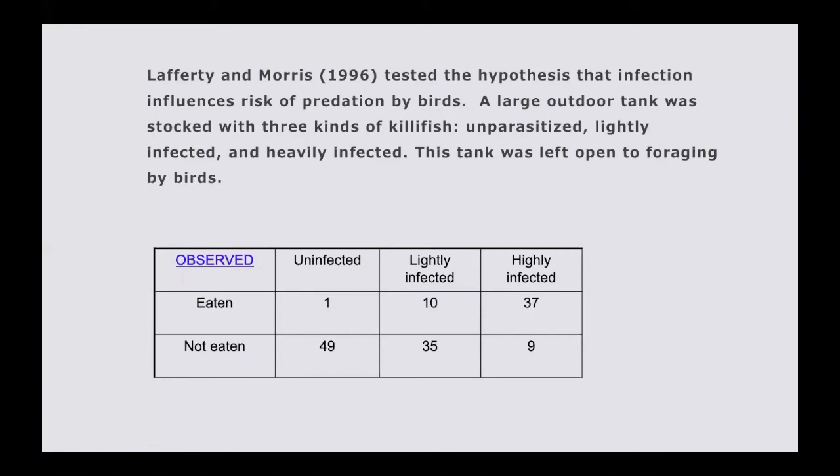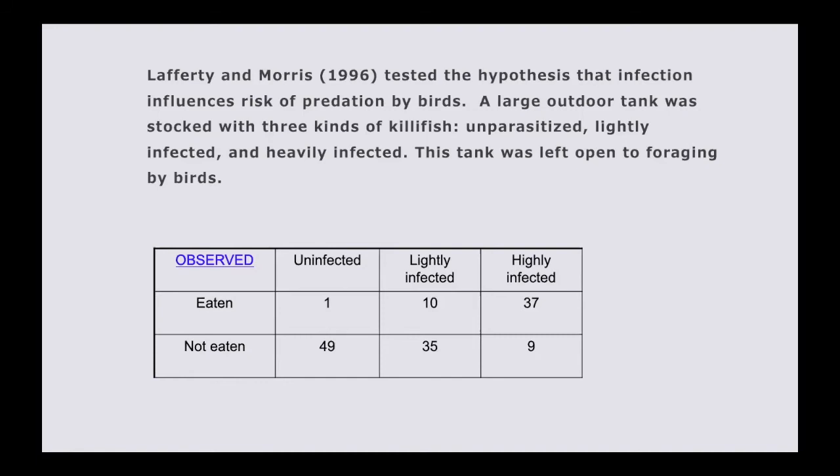So they used an outdoor tank that was stocked with 3 different kinds of killifish: those that were unparasitized, those that had relatively low levels of parasitic infection, and those that were heavily infected. The tank was then left open to predation by birds, and the researchers counted how many of each of the fish in these 3 different categories were eaten by birds.